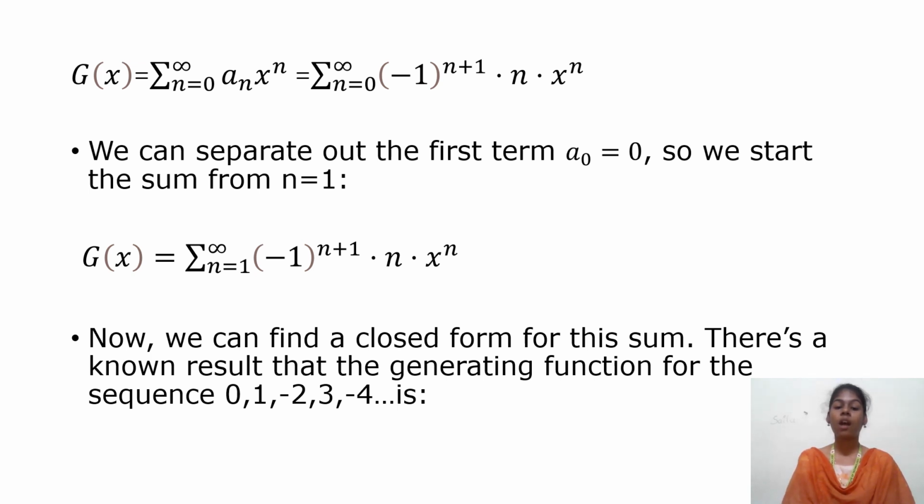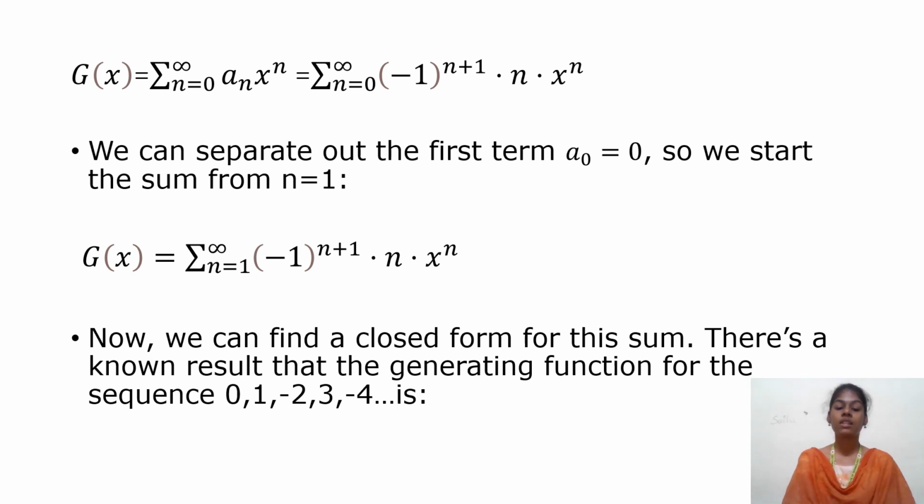You can separate out the term. The first term a0 = 0, so we will start the sum from n = 1. G(x) = summation n = 1 to infinity of (-1)^(n+1) times n times x^n. Now we can find a closed form for this sum.